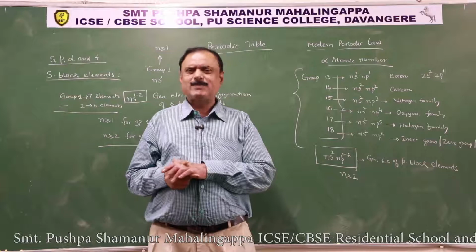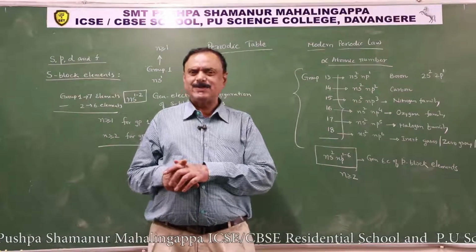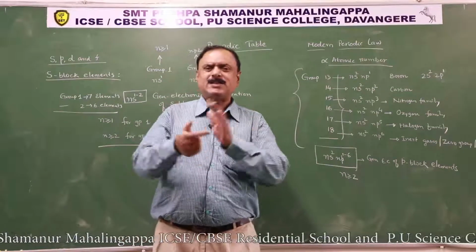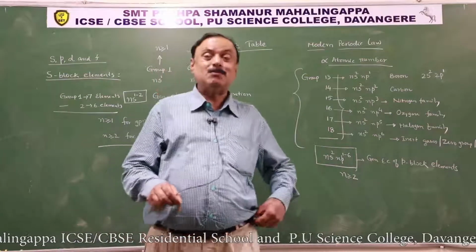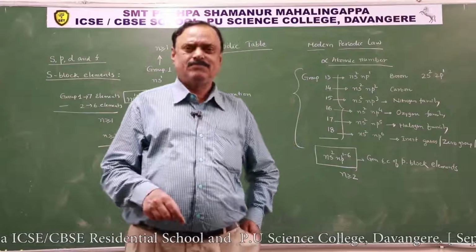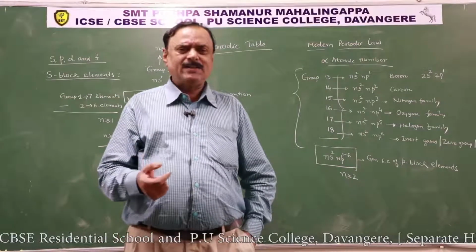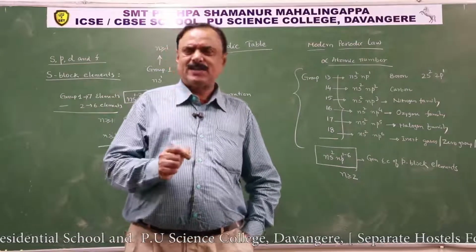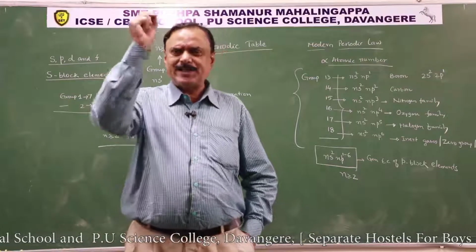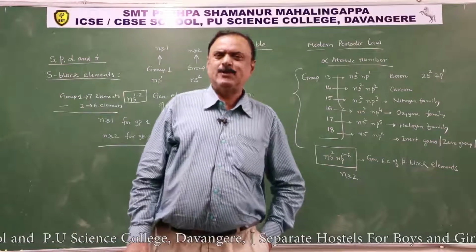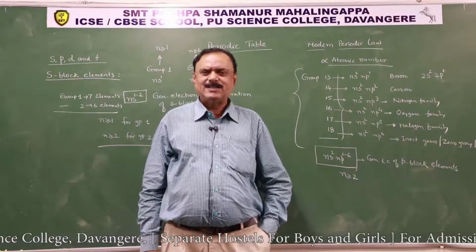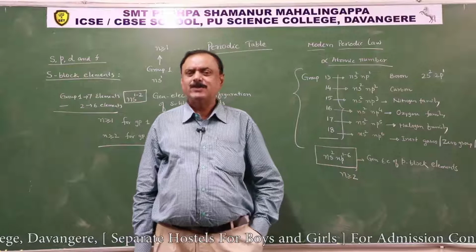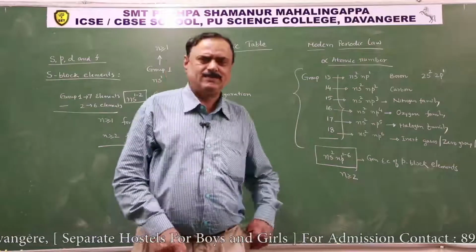Iodine: solid at lab temperature, but it exhibits a very important property like that of camphor. What is that property? Sublimation. On heating, it does not give the liquid state, it directly changes to the vapor phase. Therefore, beautiful violet vapors are formed when iodine is subjected to heating. Is it clear?